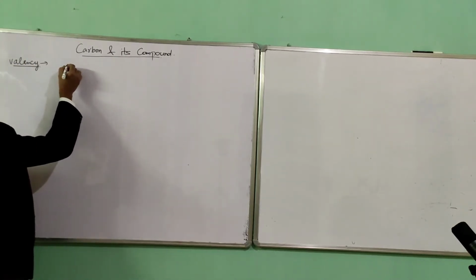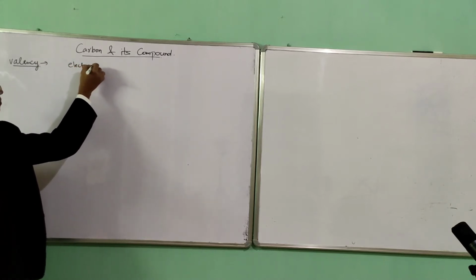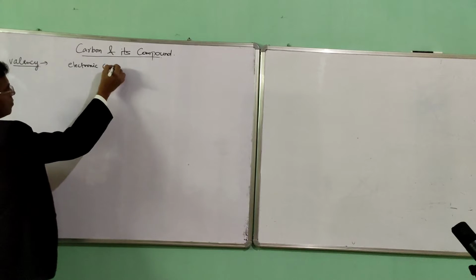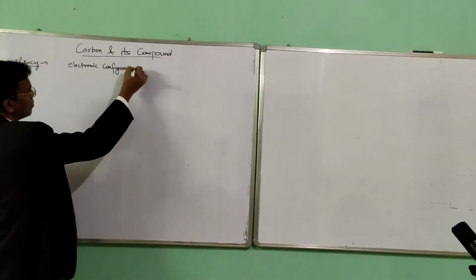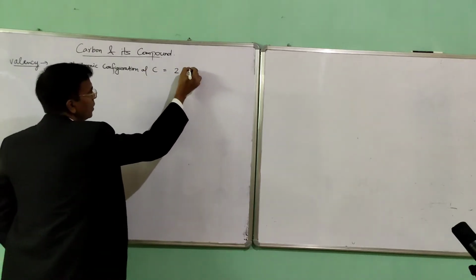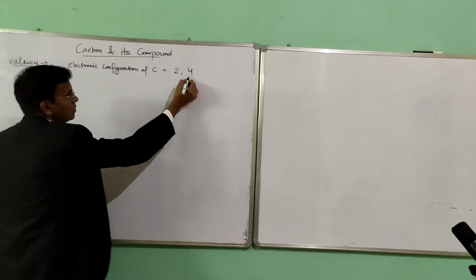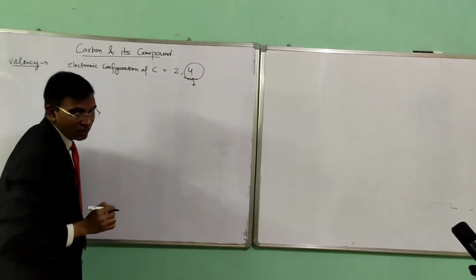So here the electronic configuration of carbon is 2, 4. You may see there are 4 electrons in the outermost shell.